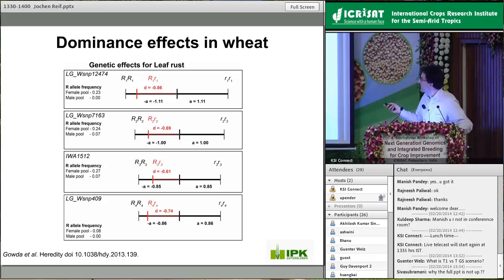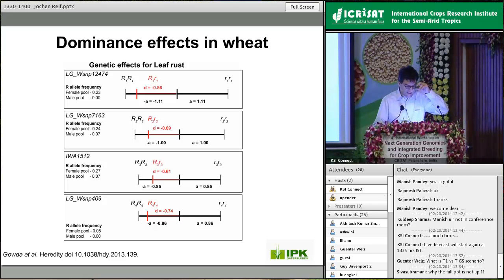I plotted here the 2 homozygous genotypes, so this is the resistant one and this is the susceptible one, and then you have the mean, and you have this A effect, the additive effect, and then you can plot also the estimated dominance effects. And looking at these pictures, you see that we have for all 4 major QTLs a degree of dominance which is close to the range of complete dominance.